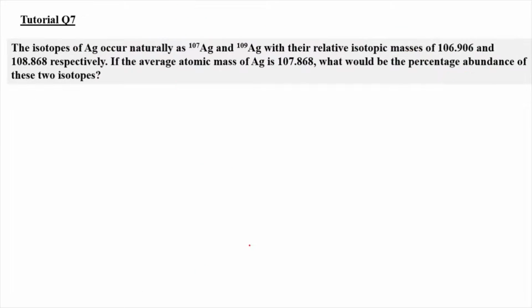Okay. Now for tutorial question 7, the isotopes of argentum occur naturally as 107 Ag and 109 Ag with their relative isotopic masses of 106.906, so this one is for 107 Ag, and 108.868 respectively, so this one is going to be 109 Ag.